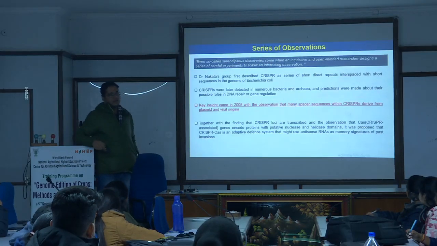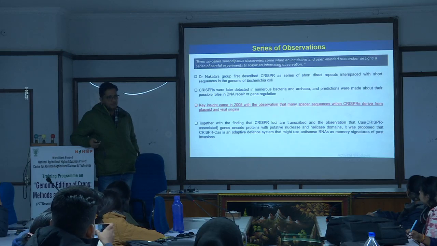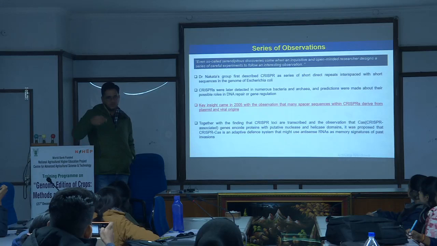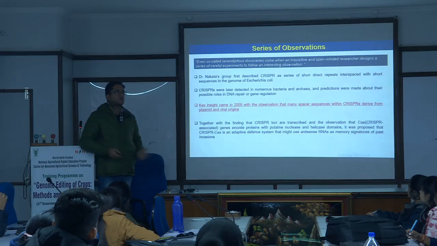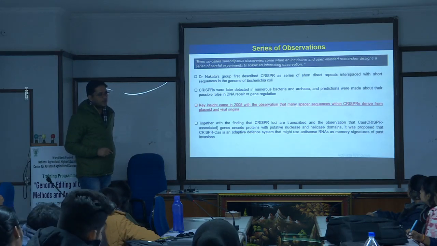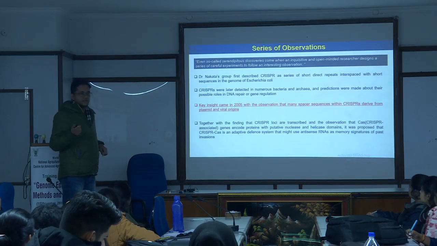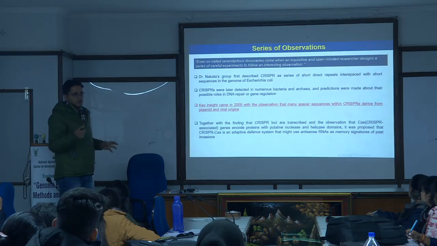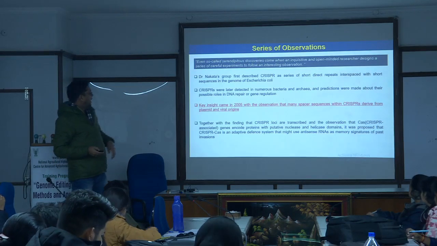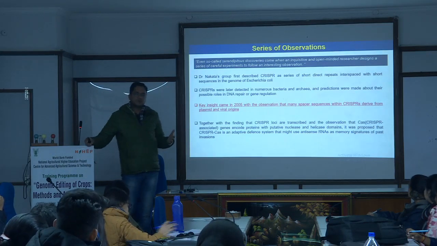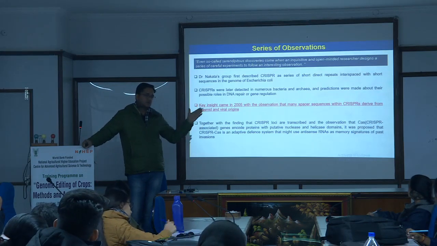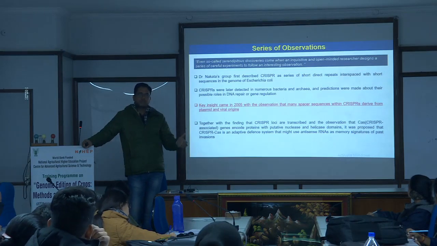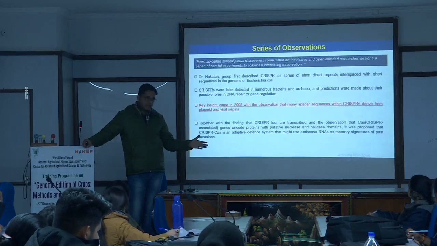This was known previously also, but whenever a discovery happens, it comes from a series of observations. It is not like one fine day you get up in the morning and discover something. Way back in the 1970s, it was known that there is a presence of the CRISPR locus, but it was not known what the exact role of that locus was. Then, when the human genome sequencing project came into the picture, several bacteria and archaea were also sequenced.